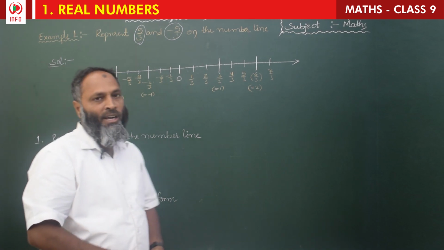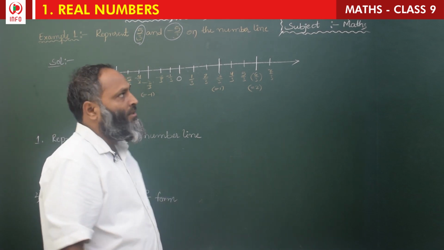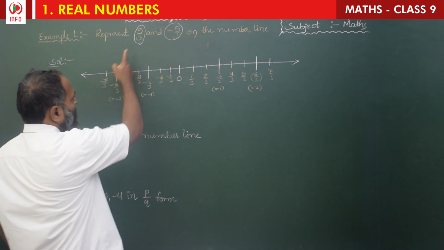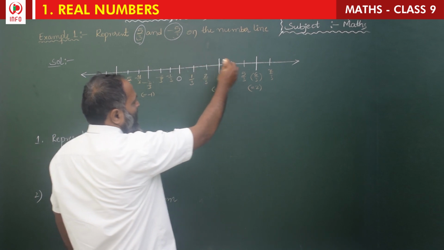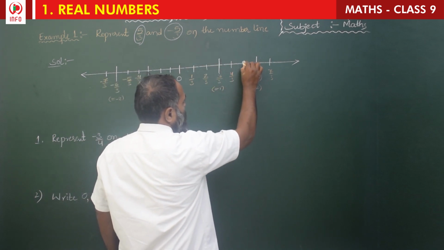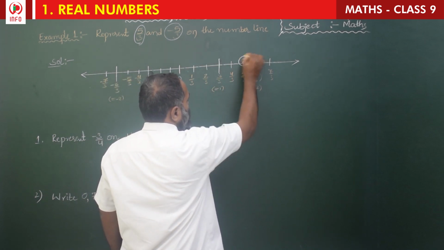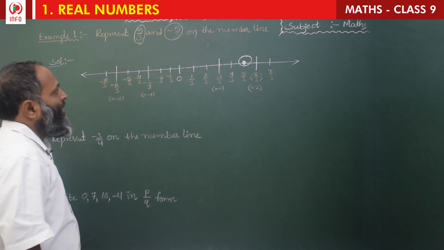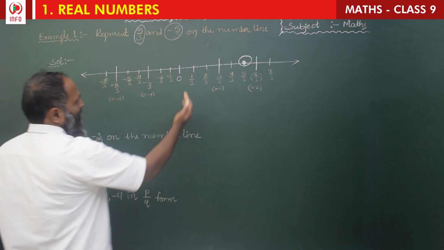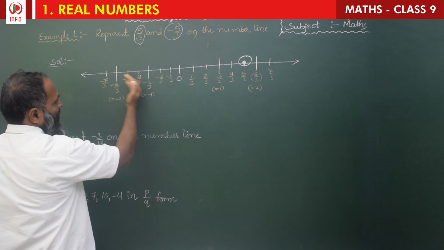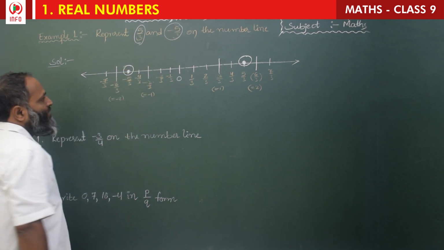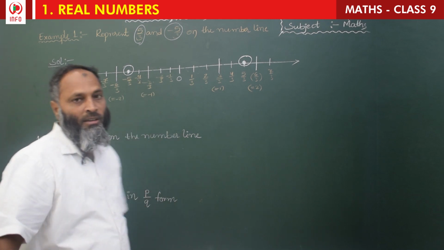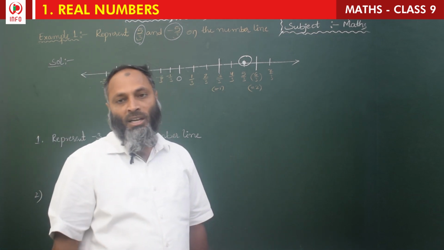So, these are the values on the number line. What we should represent: plus 5 by 3 on the positive side. Here we have plus 5 by 3. And on the left side we have minus 5 by 3. So, this is the representation of plus 5 by 3 and minus 5 by 3 on the number line.